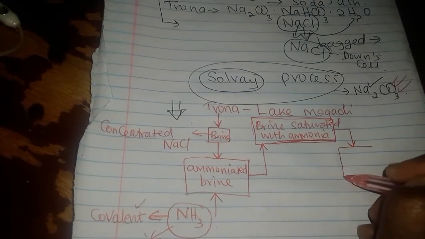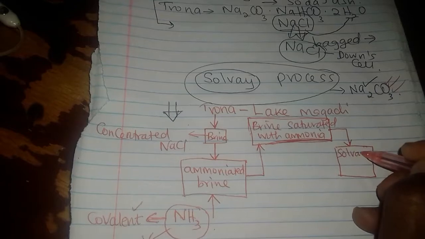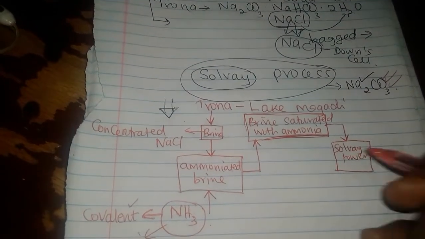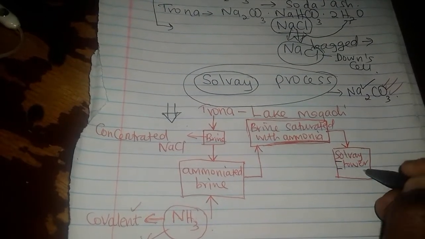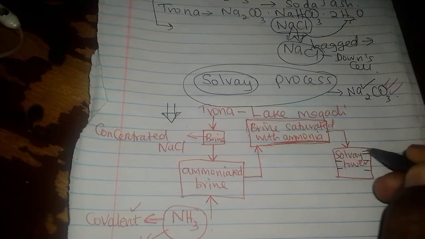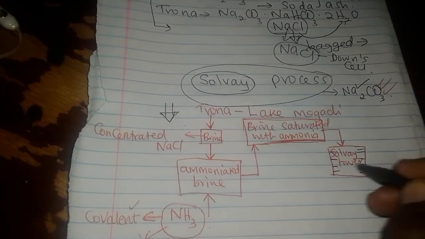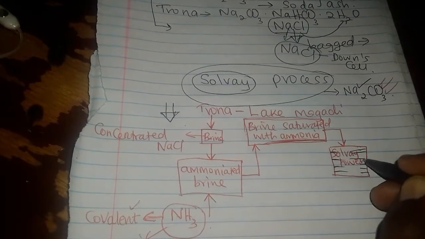And at this end we can have something called the Solvay tower. Great. I'll have something of this sort here, and I'll explain what it is. So the Solvay tower is here with all those extensions, just to make them longer for you to be able to understand.